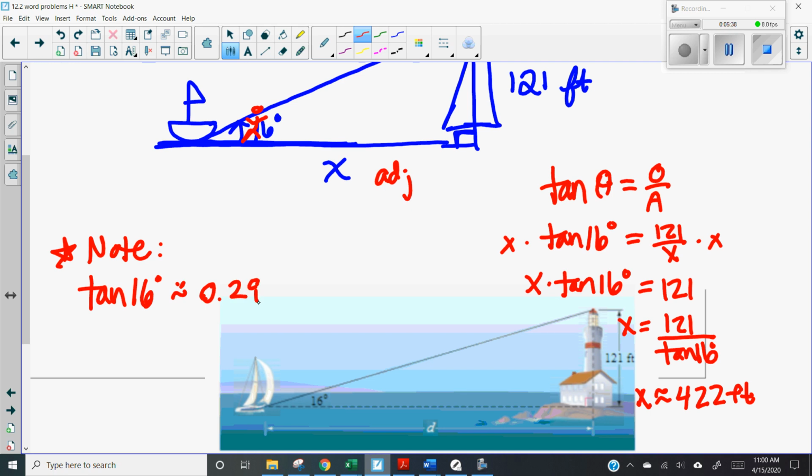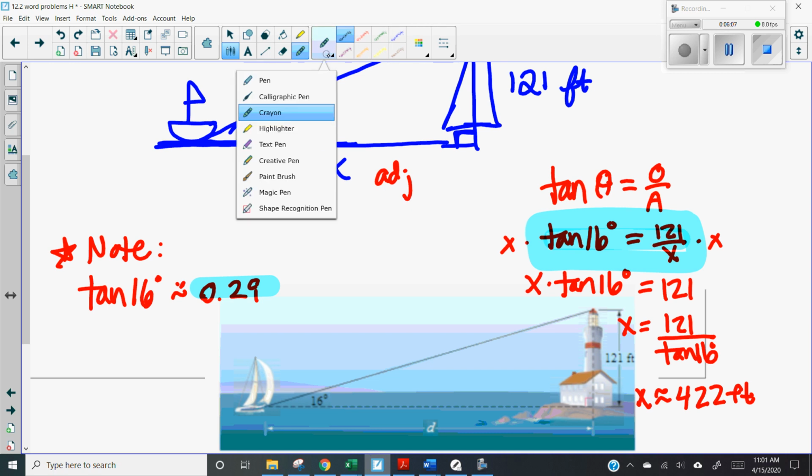So when we set up this problem, we are saying, I have a 16-degree angle. Tell me what my other side would have to be so that I get this correct ratio, so that I get 0.29. And the calculator is saying, tangent of 16 is 0.29. So in order to get 0.29 over here, let's do this calculation.